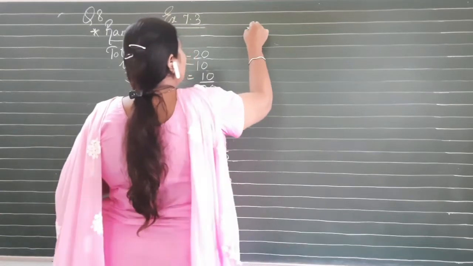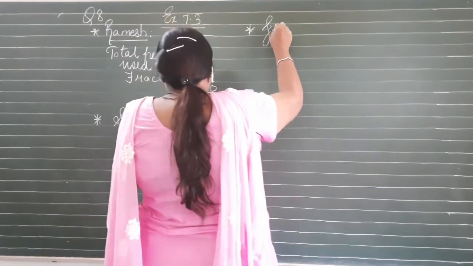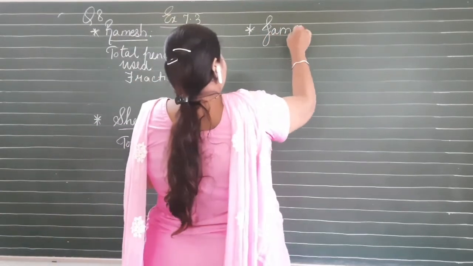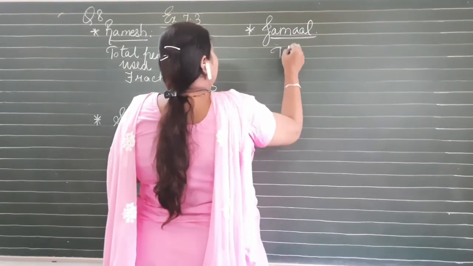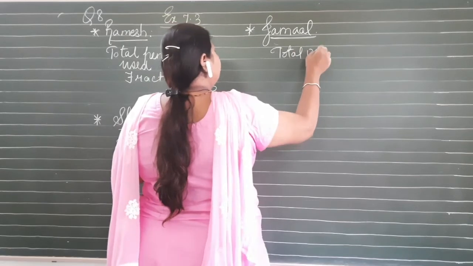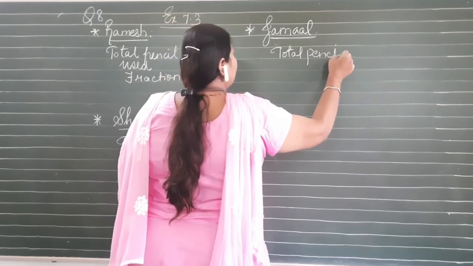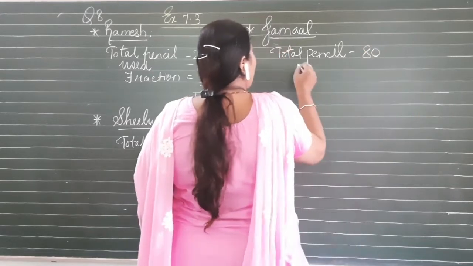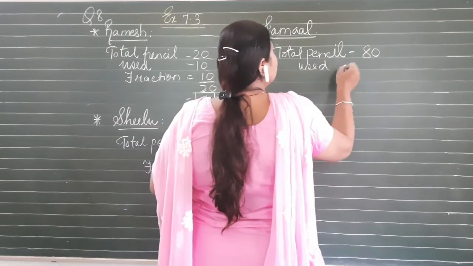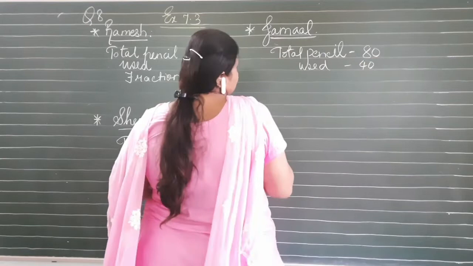Now let us see for Jamal. He is having a total of 80 pencils. Out of that he has used 40 pencils.